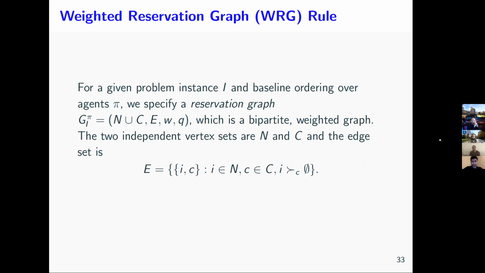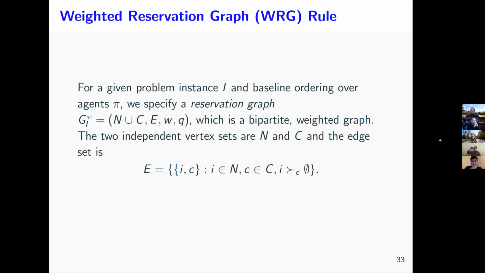The first rule that I want to mention, that I actually did not mention in the contributions, is mentioned here for historical purposes because this is the first rule that we came up with. And in fact, we put up an archive report based on this particular rule. This is called the weighted reservation graph rule. What it does is that it takes the underlying eligibility or reservation graph where you have agents on one side, you have categories on the other side, and the edges simply signify the eligibility requirement of an agent for a particular category.